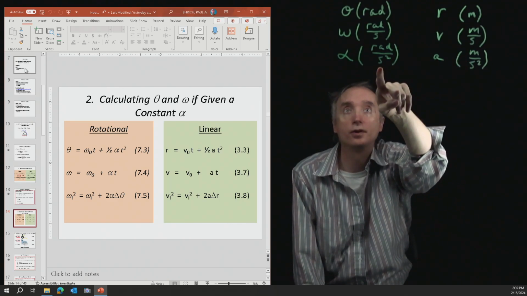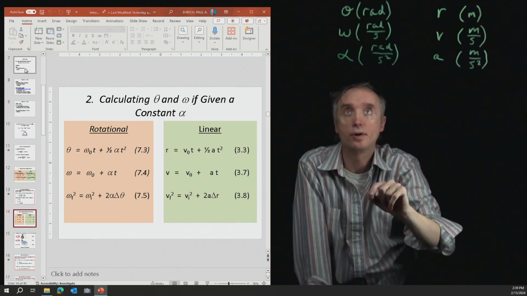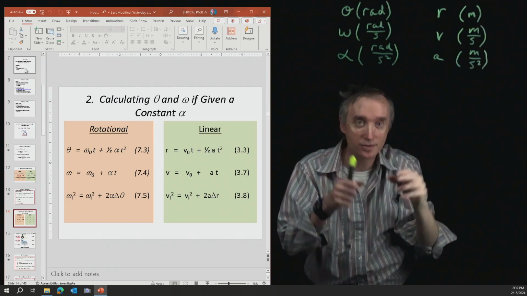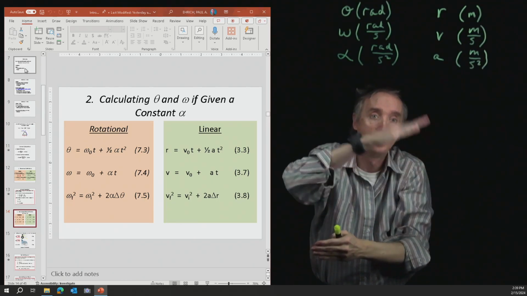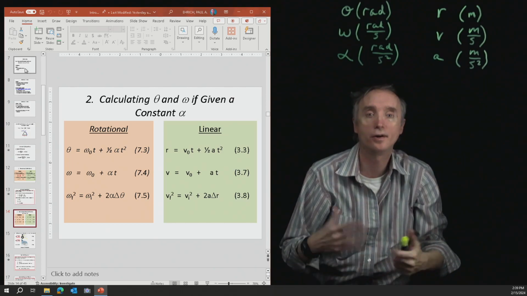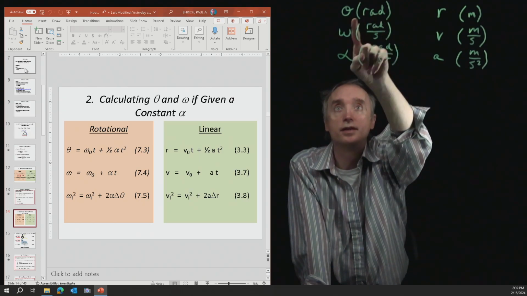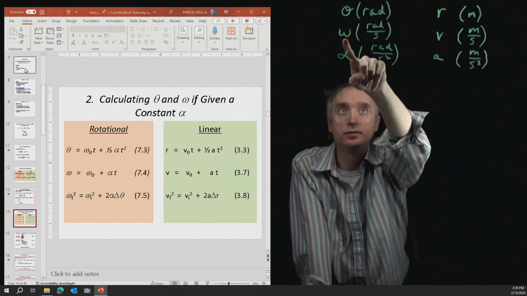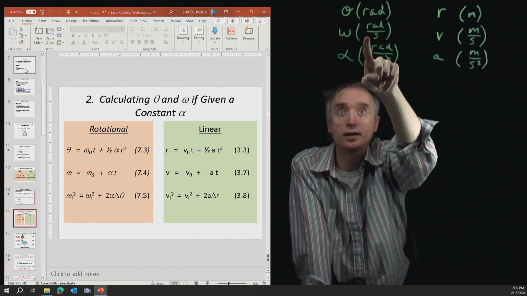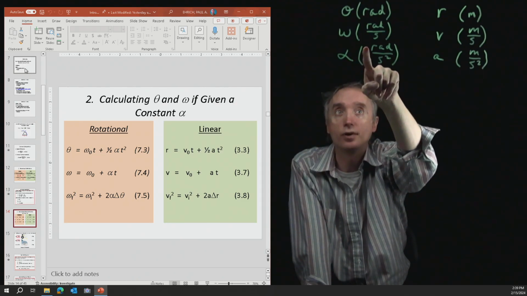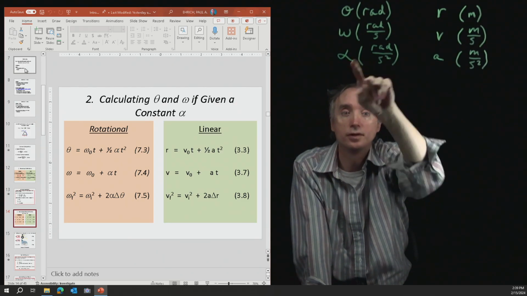And then over here, we've got the rotational counterparts. So this is rotational distance because it's the angle through which the tire rotates, and that's in radians. Then this is rotational speed in radians per second. And then this is rotational acceleration in radians per second squared.